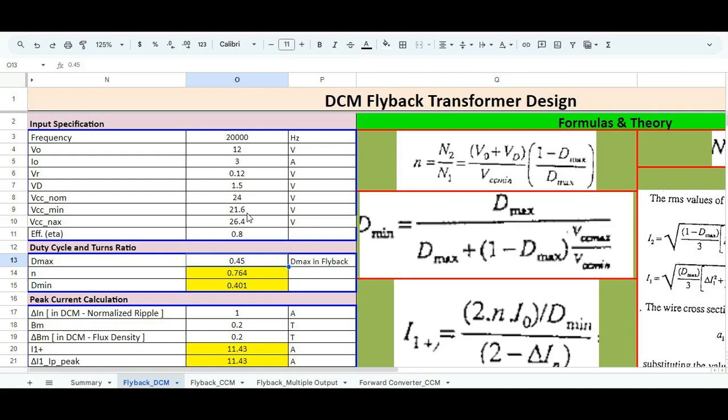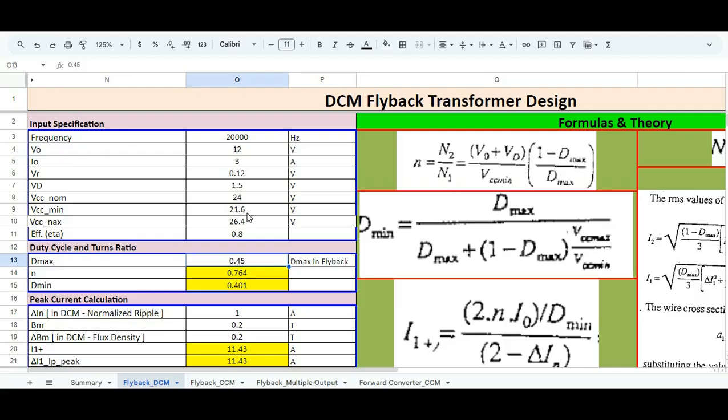DCM means discontinuous conduction mode, and you can also call it complete energy transfer mode. We are going to design the DCM flyback transformer.